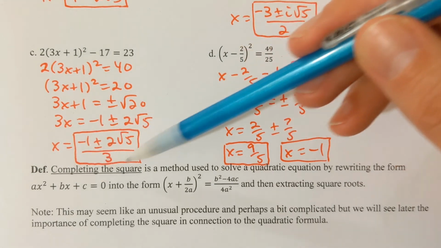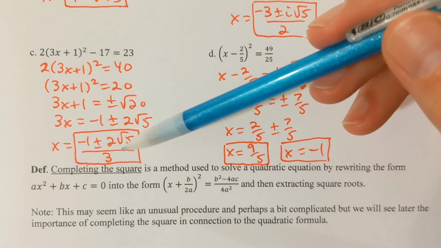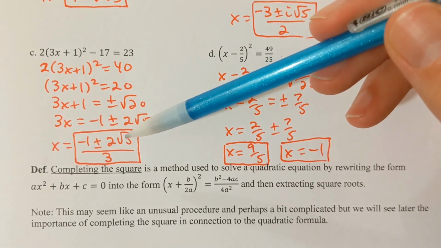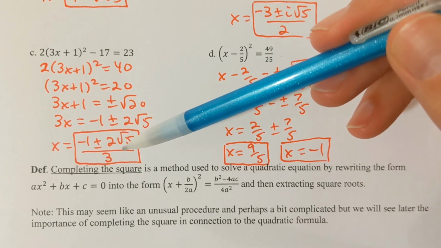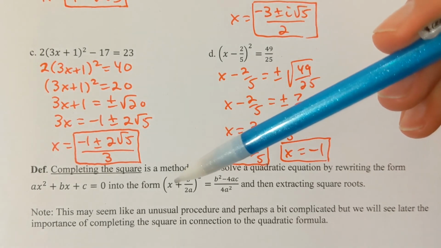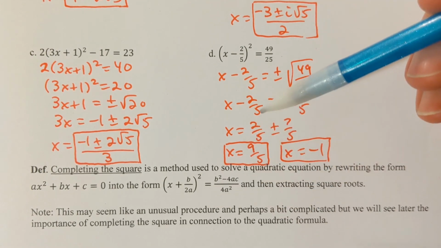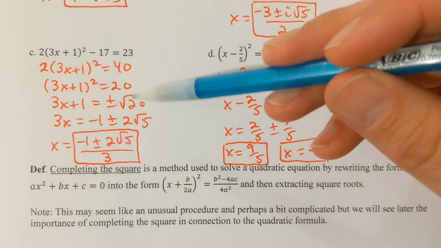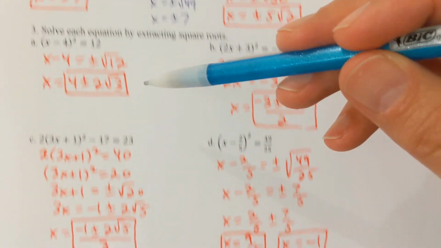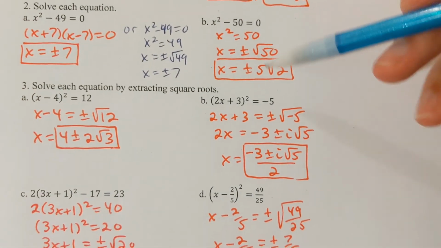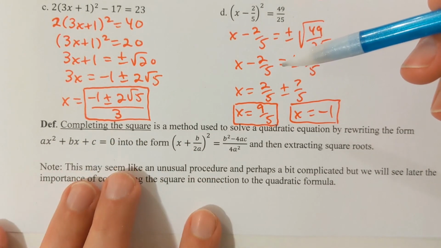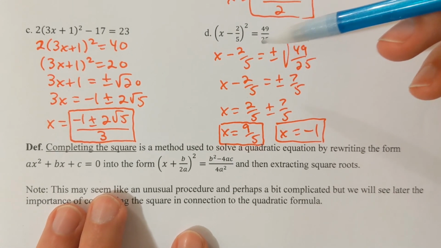So my answer in a completely simplified form would be negative 1 plus 2 root 5 all over 3, and then negative 1 minus 2 root 5 all over 3. Be sure that you simplify as far as possible. As I've already mentioned, if the radical breaks down, go ahead and break it down. Simplify as far as you can go, and keep the answer in exact form.